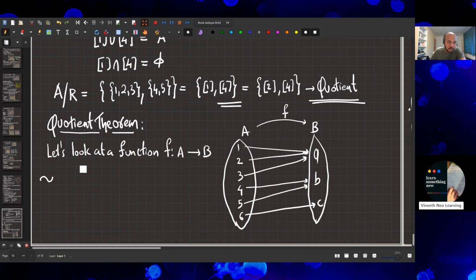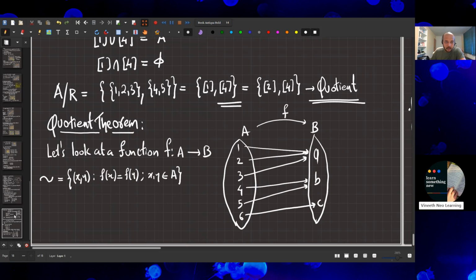We can also use R because I have used R for all these relations, but for a change I'm using tilde. It is the set of ordered pairs (x, y) where f(x) equals f(y), meaning both x and y have the same image in B, where x, y are elements in A. You have to check whether this is an equivalence relation.